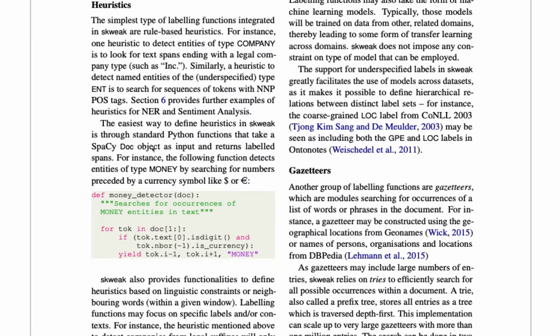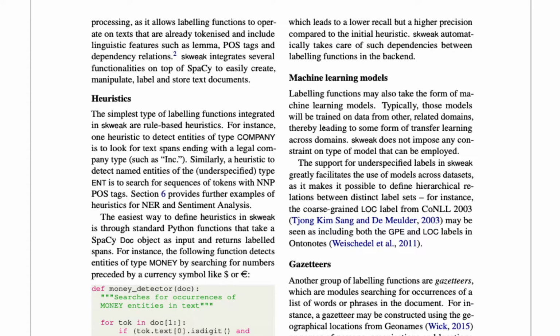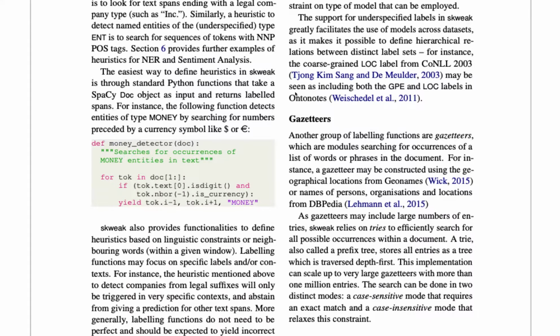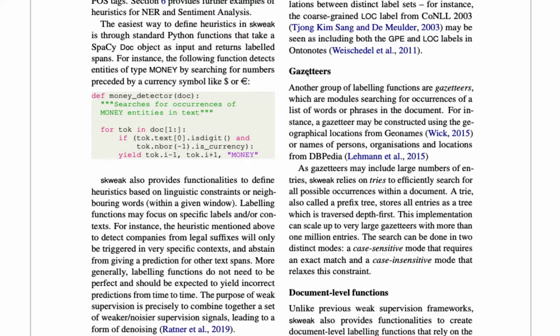The other kind of technique they talk about is machine learning models. For example, you can use pre-trained spaCy models to generate named entities for your input, and use that as an input signal as one of your labeling functions. You can also use something called a gazetteer, which is nothing but a lookup table. Essentially, imagine you have Wikipedia articles and you can extract all the country names or all the company names.